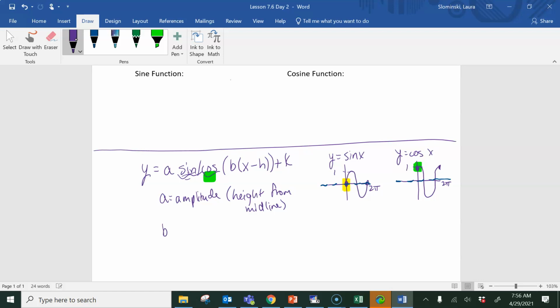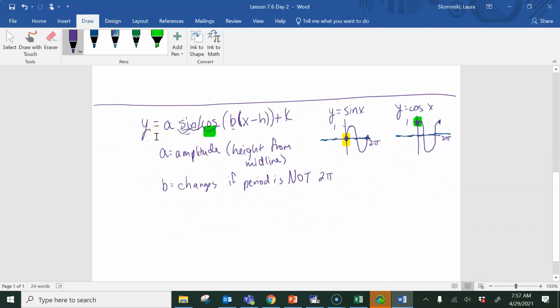The next thing you have to figure out is the b. Remember, if you have a phase shift left or right, b has to go outside of a parentheses. b, though, has to do with period. So this changes if the period is not 2 pi. If when you look at your graph the period is 2 pi, you don't need to put anything in for b. It's just 1, so you just leave it.